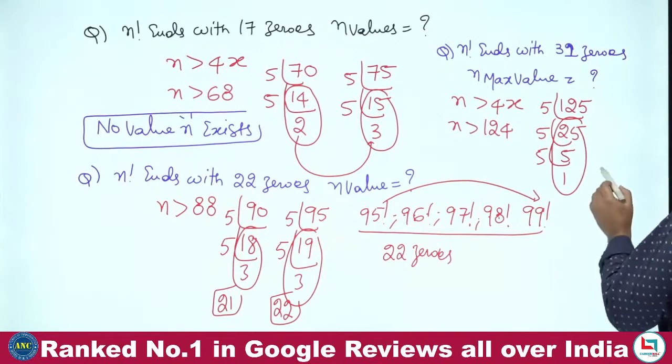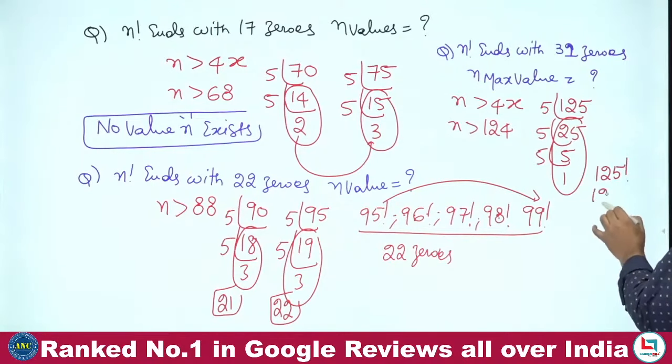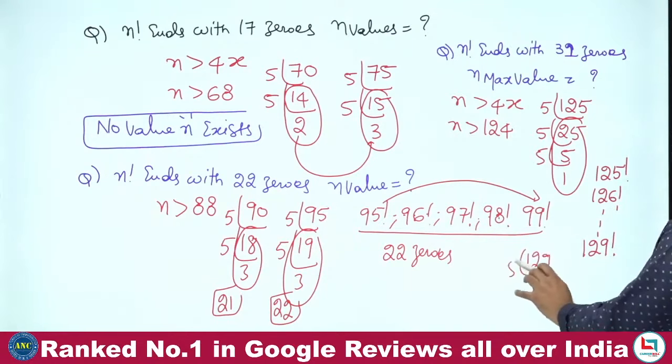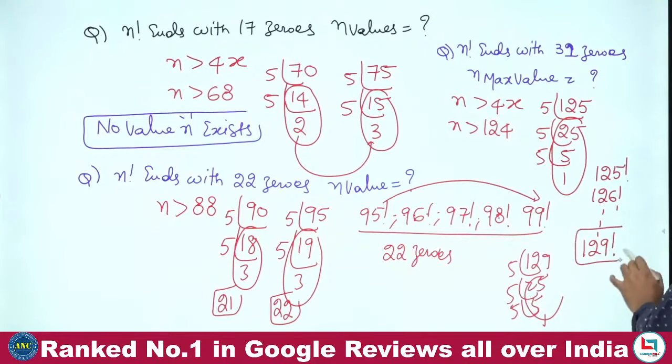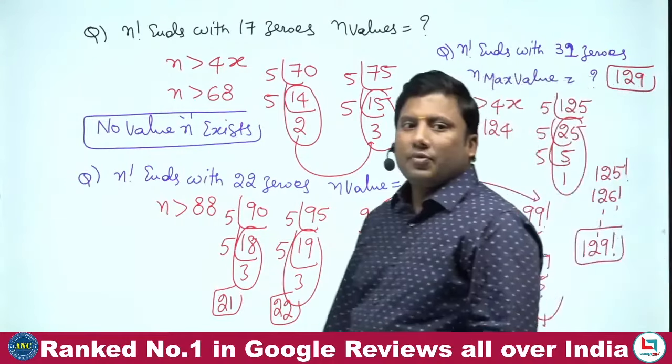So 125 factorial will have 31 zeros. 126 factorial till 129 factorial also have 31 zeros. So what is the maximum value n can take? Maximum value n can take will be 129.